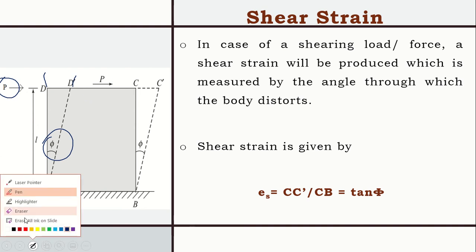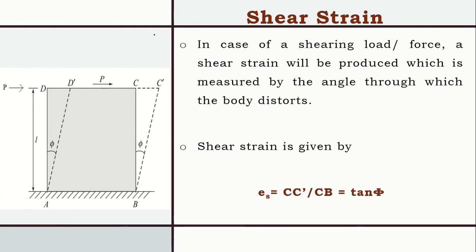When the distorted shape is D dash and C dash, you can see the original dimension is AD. Distorted is from D to D dash, this got distorted. From C to C dash, this got distorted. Both are the same. Now we measure shear strain, which is nothing but this phi, as CC dash by CB.